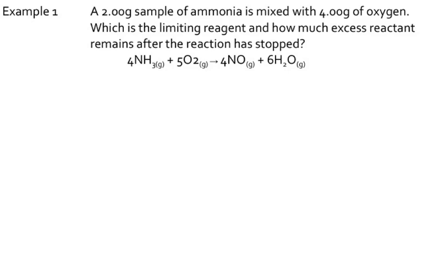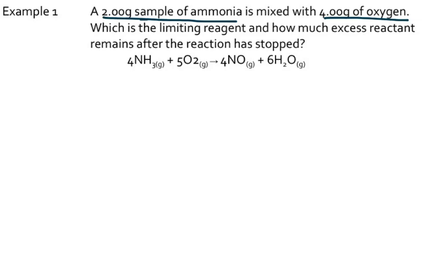To do that, like with any chemistry problem, we need to find out how many moles we have and how many moles we need. What we know is we have 2 grams of ammonia and 4 grams of oxygen. That's what we have. One of those will get all used up, one of those won't. In order to deal with that, we need to deal with how many moles of the substance.